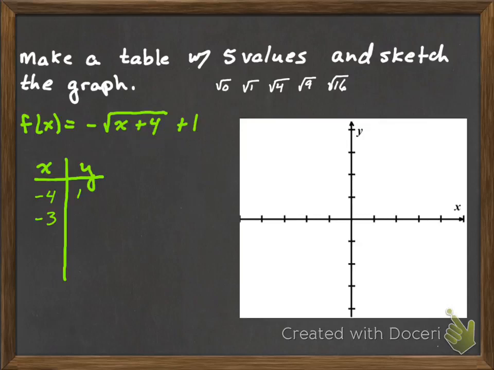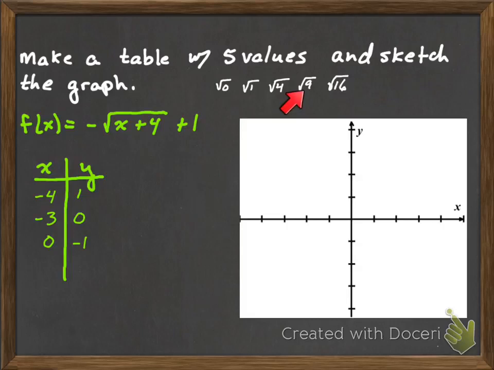And then adding 1 to that makes it 0. All right, so we now want to get a square root of 4. To get a square root of 4, our x value will need to be 0. All right, so that'll give us square root of 4, which is 2. This makes it -2. And -2 plus 1 is -1.